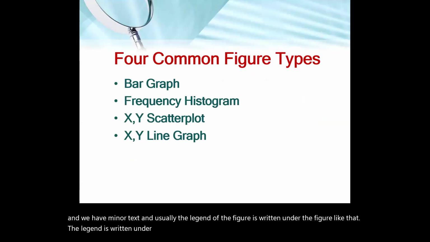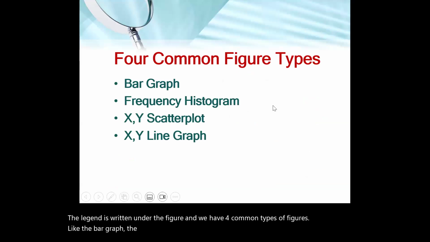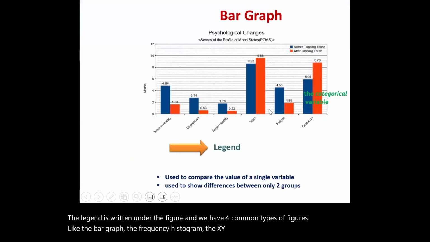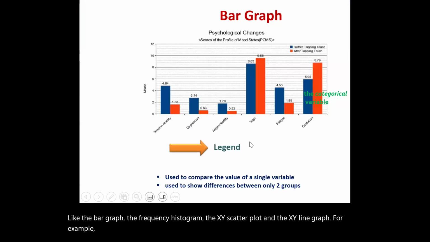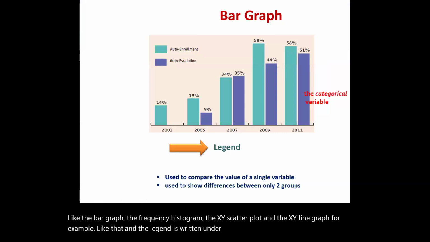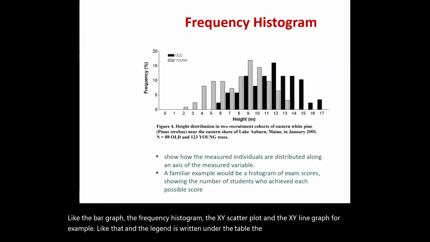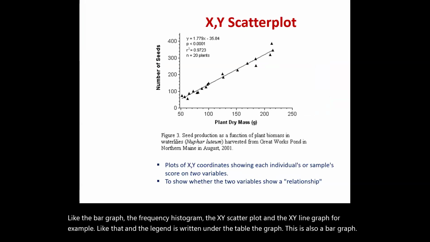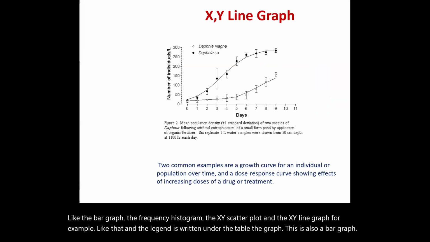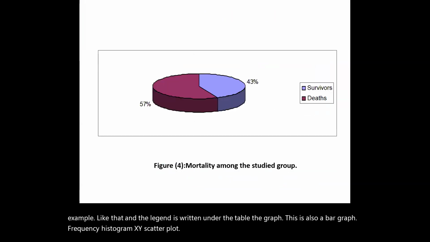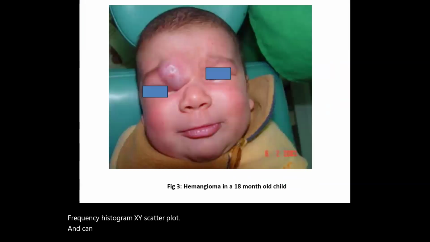And we have 4 common types of figures: the bar graph, the frequency histogram, the XY scatter plot, and the XY line graph, for example, like that. And the legend is written under the graph. And we can also have the pie chart.